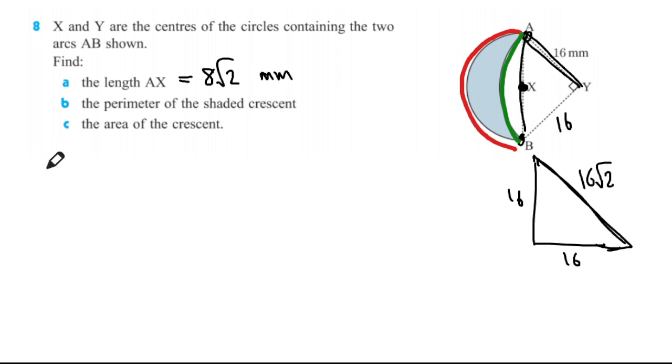For the red one, we'll just do it in red. Well, since this is marked as 90, we can say 90 here.